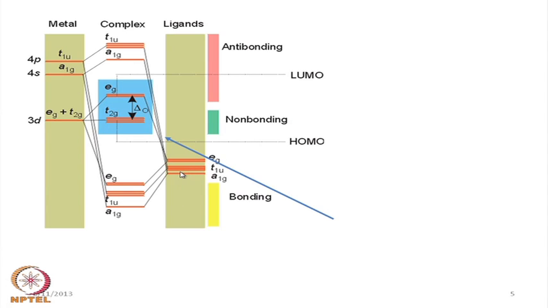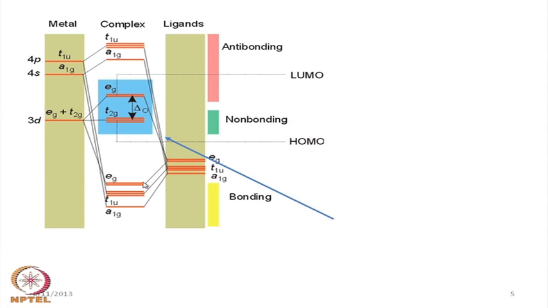Then we have the available Eg symmetry from the d orbitals, that means the dz square and dx square minus y square. When these two orbitals interact with the corresponding Eg symmetry orbitals from the ligand side, they provide an Eg bonding level as well as an Eg anti-bonding level. The empty level is the Eg level, which is anti-bonding in nature, but the Eg bonding level is lower in energy.